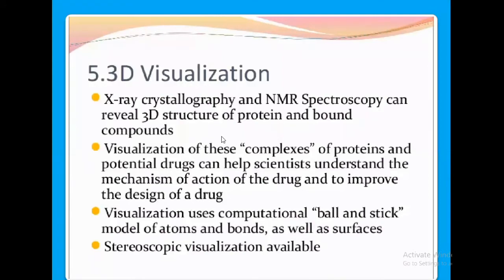Visualization of these drug complexes, or any molecular complexes of proteins and potential drugs, can help scientists understand the mechanism of action of a drug and improve the design of a drug. So for that, these two techniques were used.